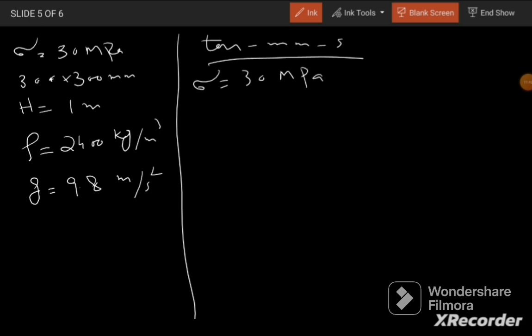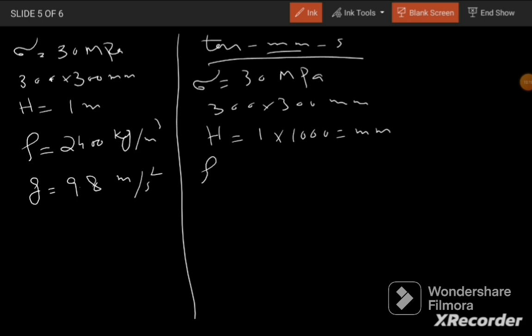The cross sectional dimension will remain the same, 300 by 300 millimeter, because we have millimeter in our basic system. For height it is 1 meter, so we will convert it into millimeter because we have selected the unit of length as millimeter. So it will be 1000 millimeter.